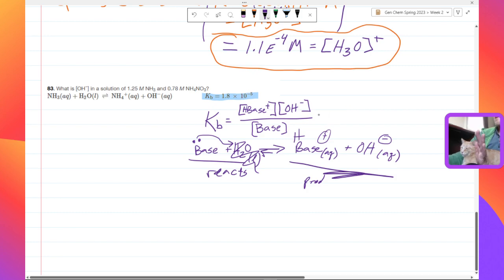And think of it as neutral for now. So this is what the Kb expression means. And that ratio, if we're at equilibrium, equals that.